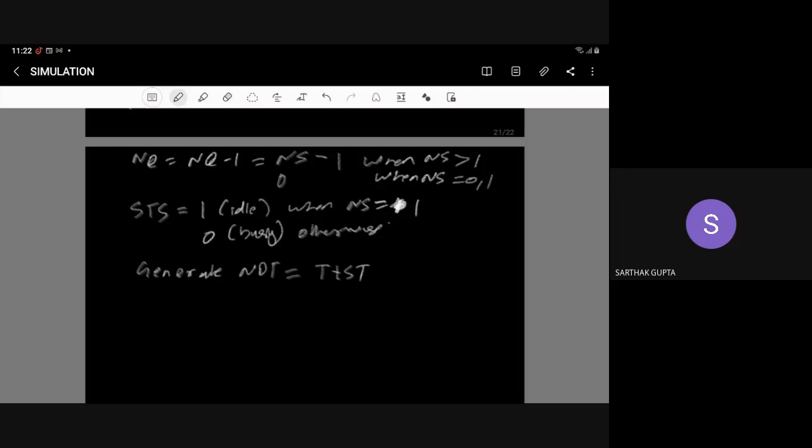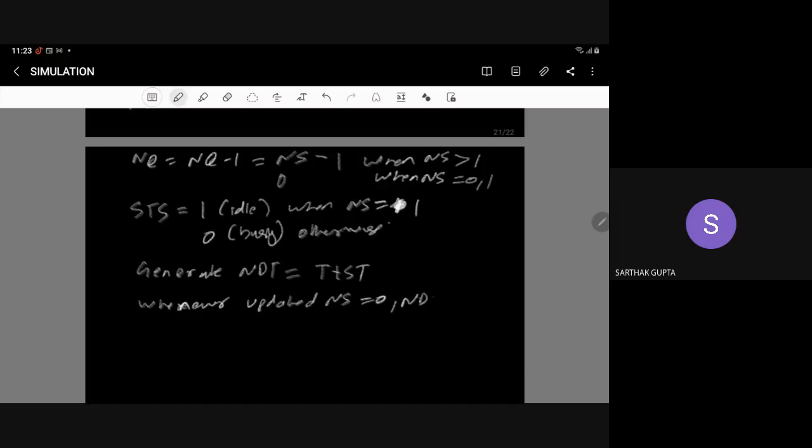That is T plus ST. But whenever updated NS is equal to 0, what is our requirement? Now there is no customer. So when there is no customer, our first preference is to generate the arrival. Because there is no customer, you cannot depart a customer.